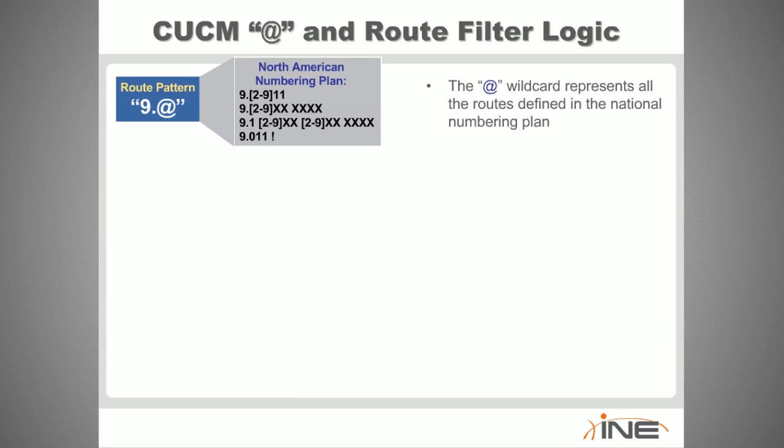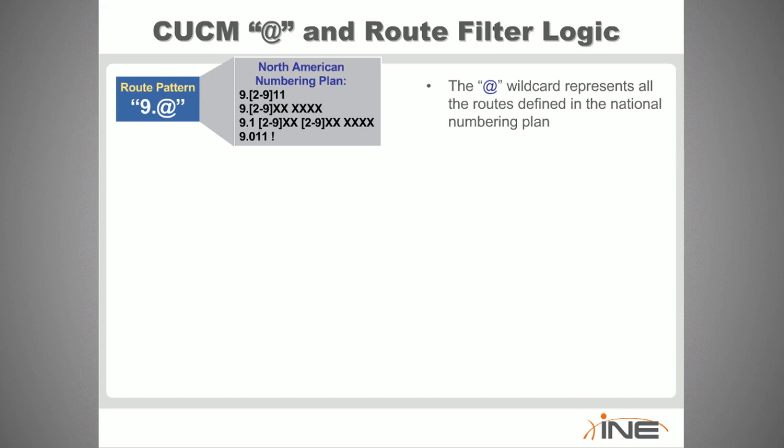But in many parts of South America, and I believe even Australia, it's 00 and then a carrier code as your long-distance access code. And then in most of the EU, it's just 0. Then, looking at the US international, it is 9.011.